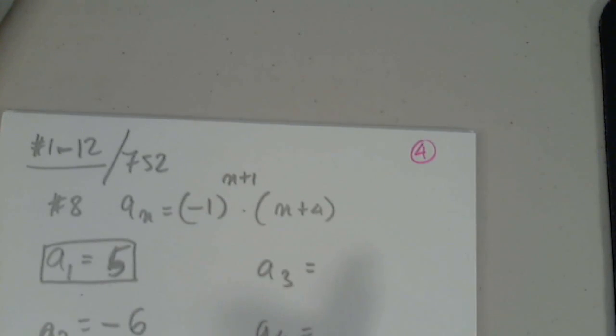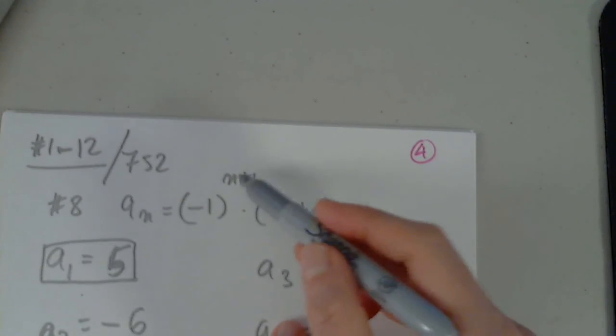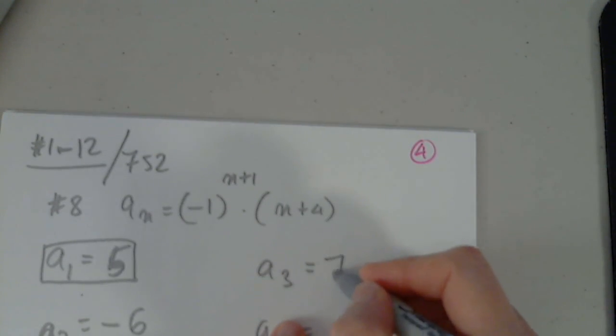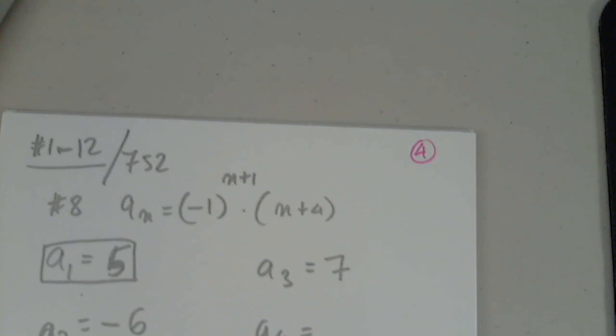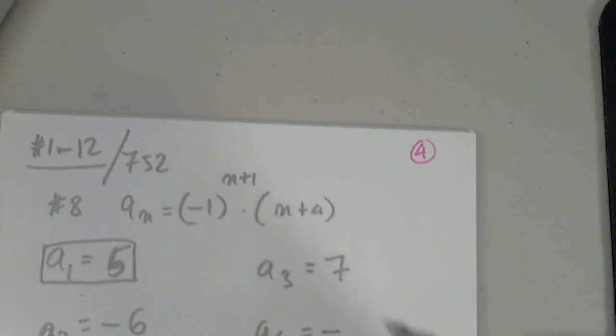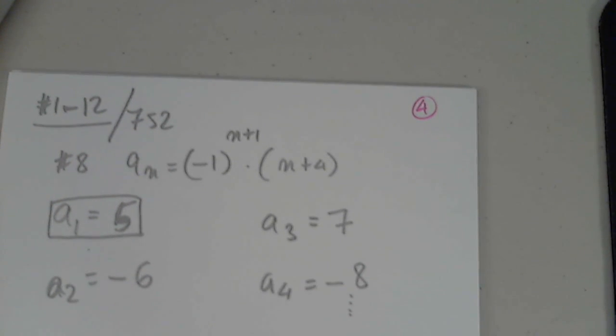So this is negative 6. A sub 3. 3 plus 1 is 4. Negative 1 to the fourth is positive, but 3 plus 4 is 7. And with 4, 4 plus 1 is 5. Negative 1 to the fifth power is negative, and 4 plus 4 is 8. And we can continue forever if we want to. We're only asked to determine the first 4 terms.